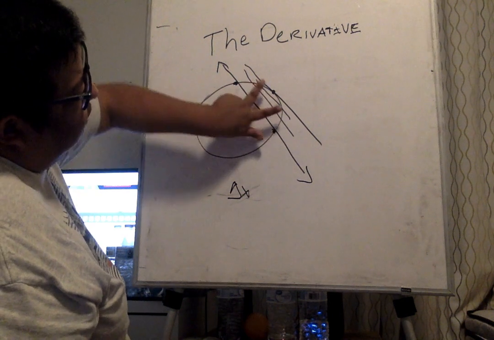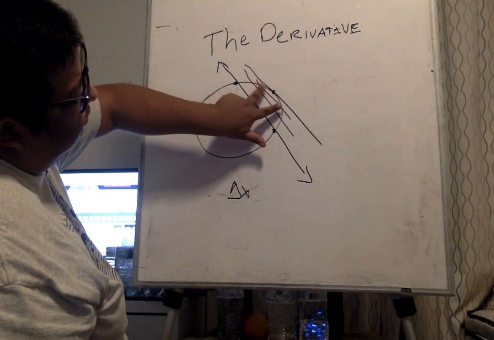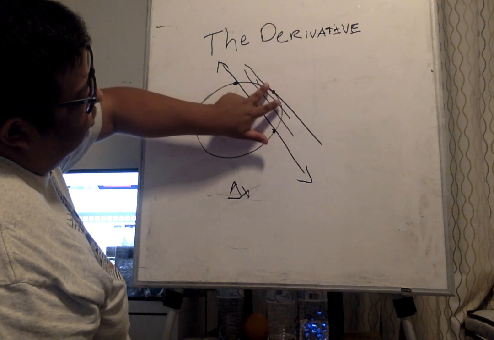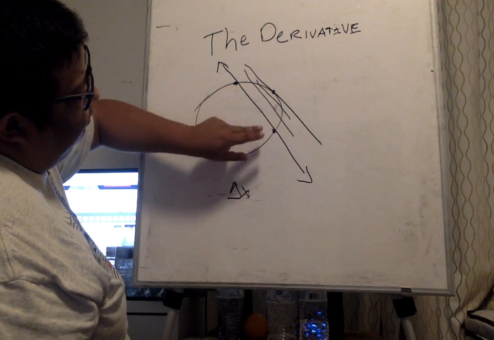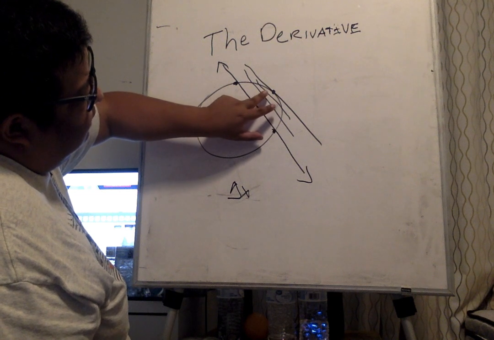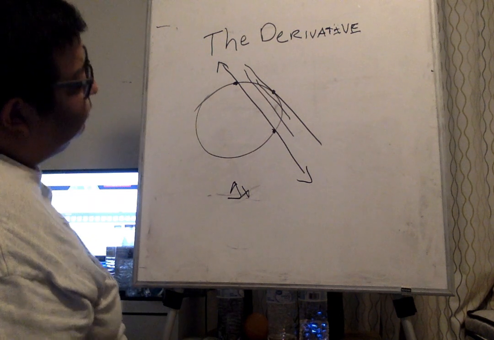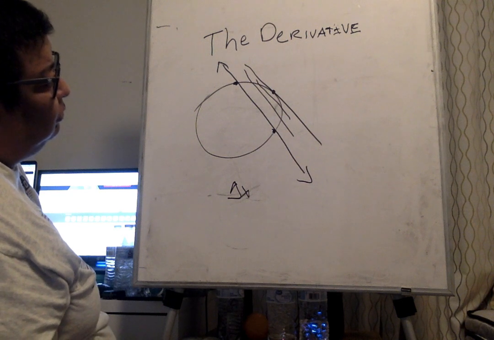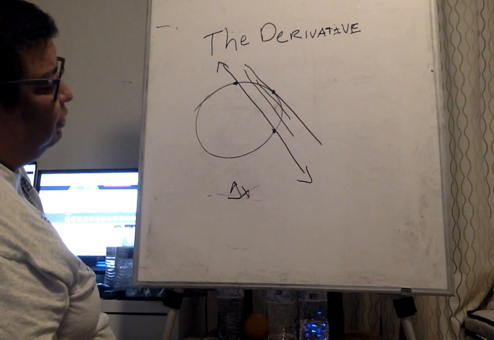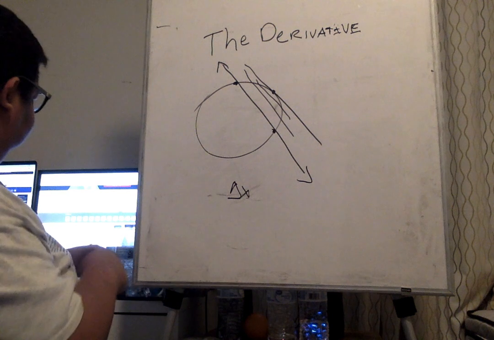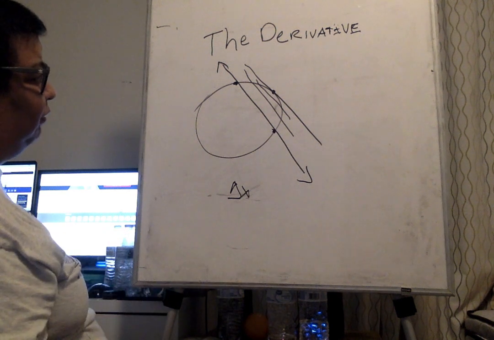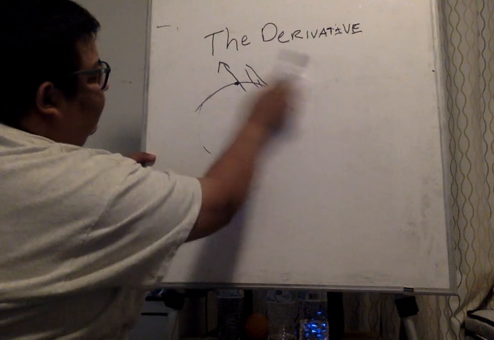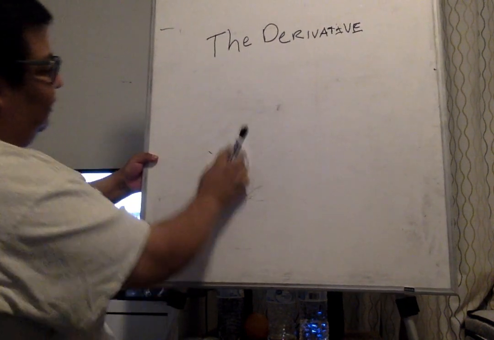You're approaching the slope of the tangent line by making these secant lines smaller in the circle. And a similar process can be done with any function. Not any function, but functions that have a derivative. So this is how they came out with it.